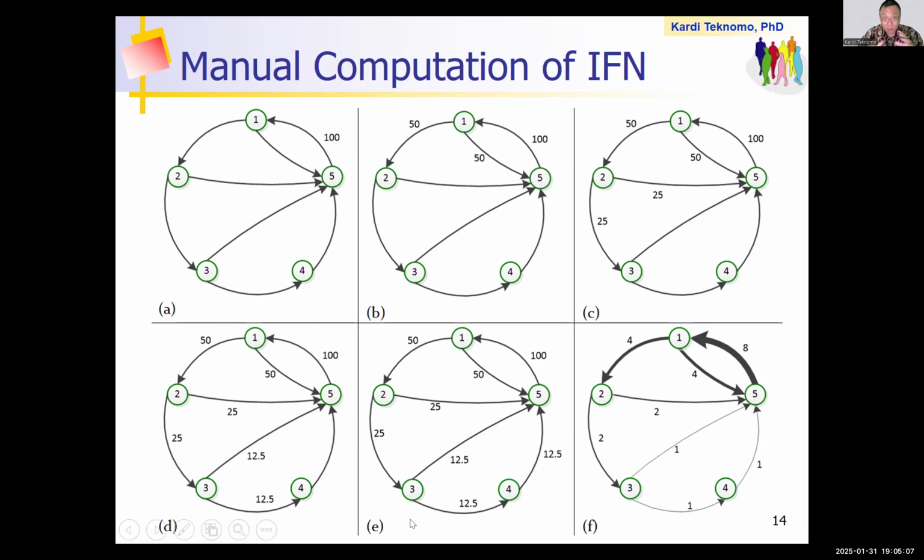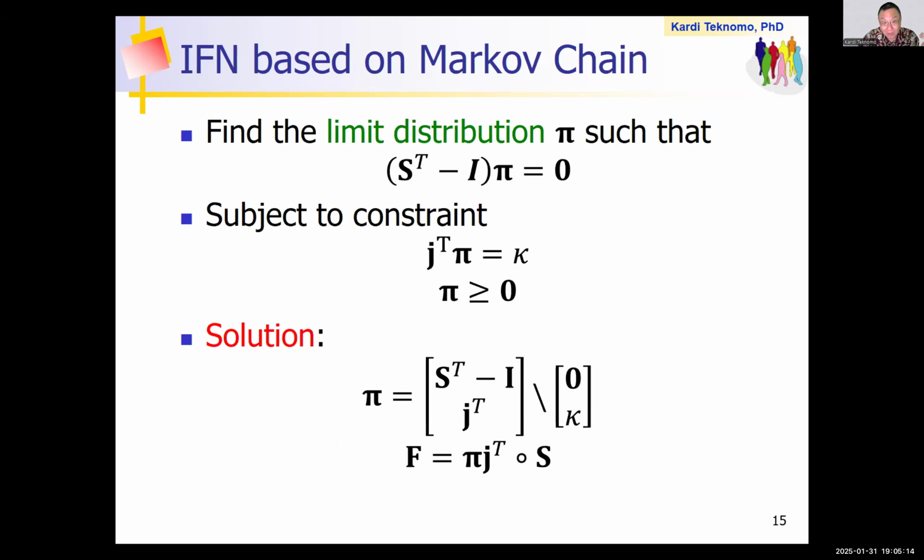But when your network is a little bigger, then it becomes much more complicated. So in 2017, I was able to get a way to compute it. S here represents the distribution in each node, and I here represents the identity matrix.